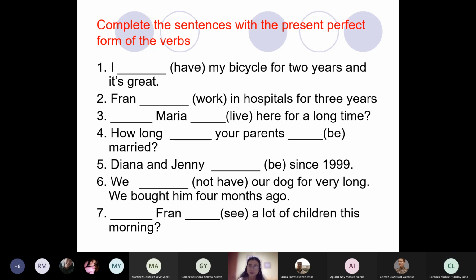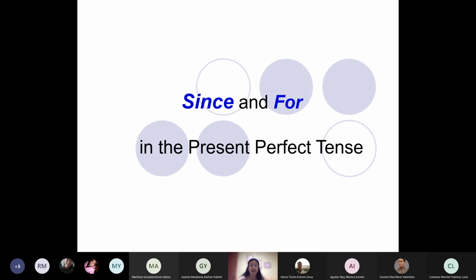Has Fran. Fran has, no? That's why has, because the subject is singular. And see, what is the past participle of the verb to see? Seen. Has Fran seen a lot of children this morning? Very good.